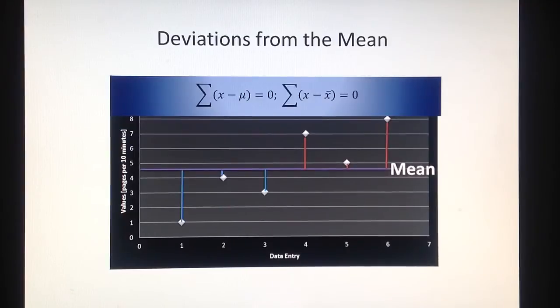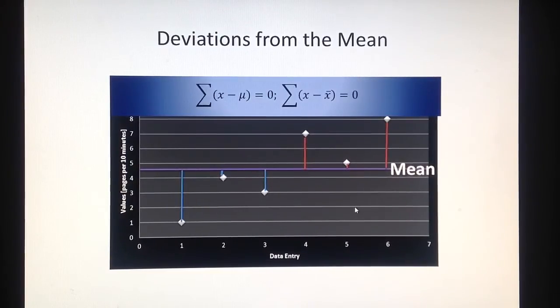It is a value that creates zero sum of all distances to it. Here the purple line is the mean, and the distances are presented with blue lines if the values of our variables are below the mean, and with red lines if the values are above the mean.